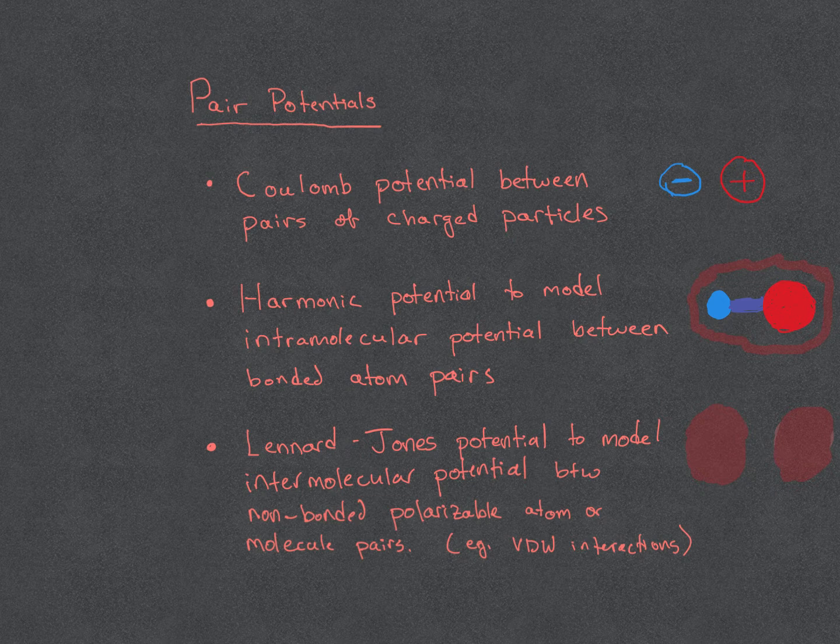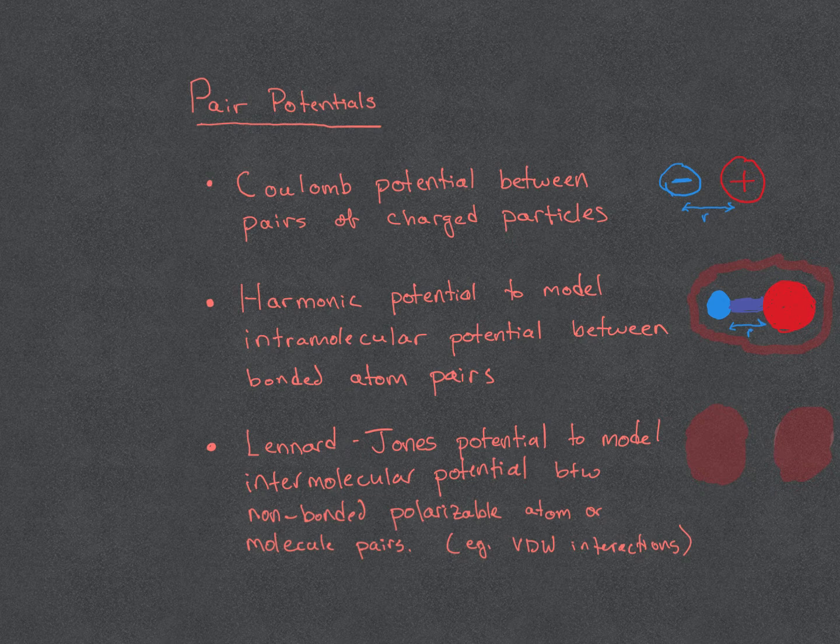So a simple diatomic molecule, and there is a potential energy as a function of the separation between the O and the H atom. Similarly, with the Coulomb potential, if I didn't say it, there's a separation between the positive and the negative charge. We're always going to call this separation R in this lecture today. And so there's a potential energy as a function of that separation.